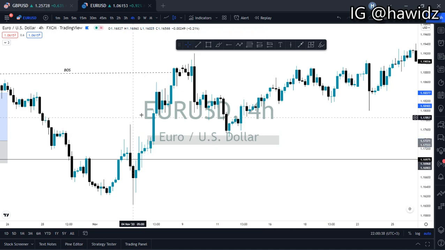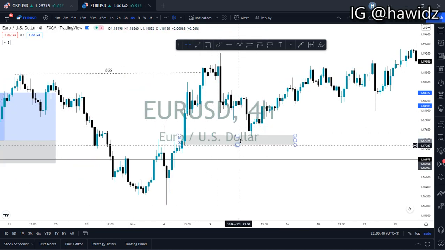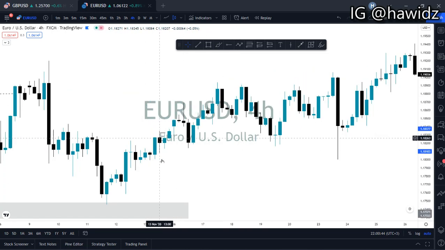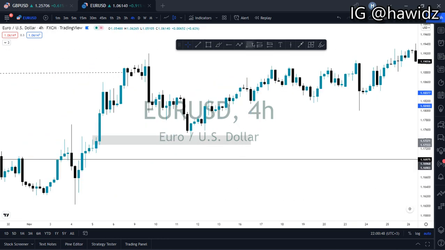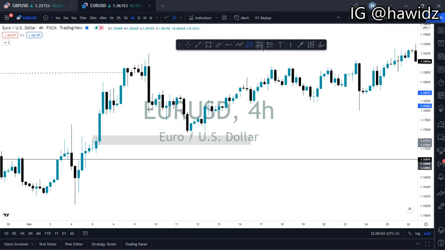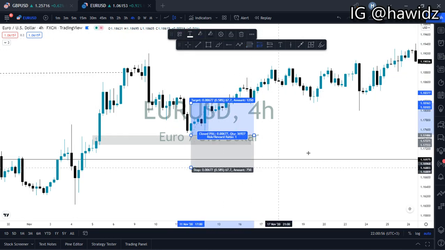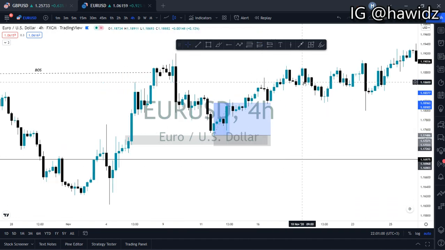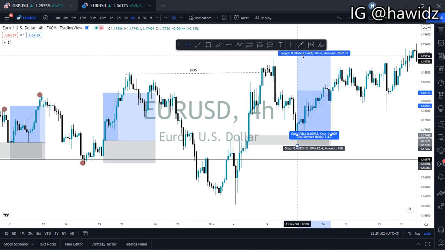So let me just put this intact. Now boom, right there. So price comes, did it really tap it? Boom, price taps it, as you can see. So that's your trade right here. Took the fib thing, so this is our long position. Boom, your stop loss is where? Just below that zone. Your first target is where?